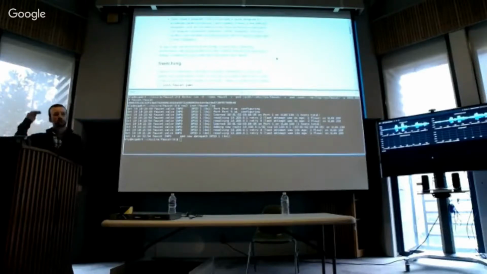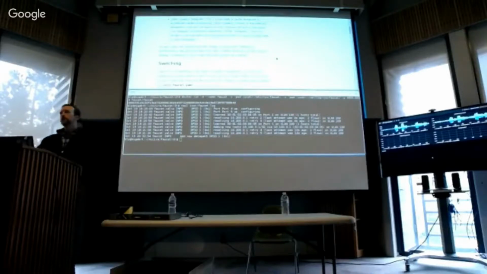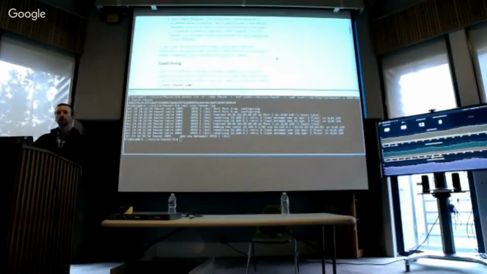So I've talked about the Faucet layer, I've talked about the OpenvSwitch OpenFlow layer, and the third layer that I'm going to go into is the OpenvSwitch data path. If OpenvSwitch didn't have this data path, it would be very slow because every packet would have to go through the OpenFlow tables. The OpenFlow processing in OVS is pretty slow. But the data path is a caching layer, and ordinarily the caching layer works quite well to accelerate the OpenFlow processing.